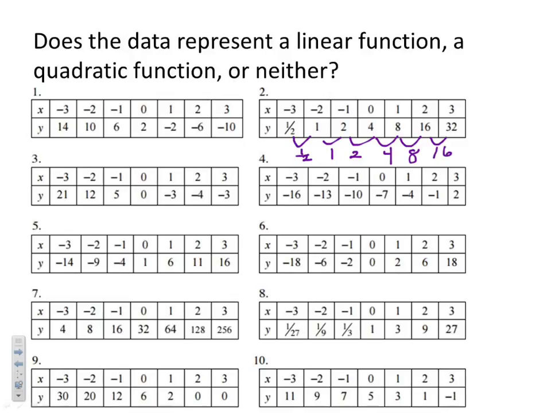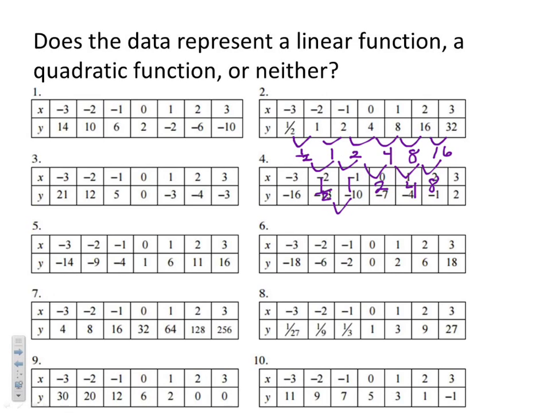Okay, so now I look at the differences. Are they the same? No, they're not the same. So is it linear? Absolutely not linear. Okay? So now let's look at the difference again. 1/2 and 1 is going to give me 1/2. Then I get 1, 2, 4, and then I get 8.